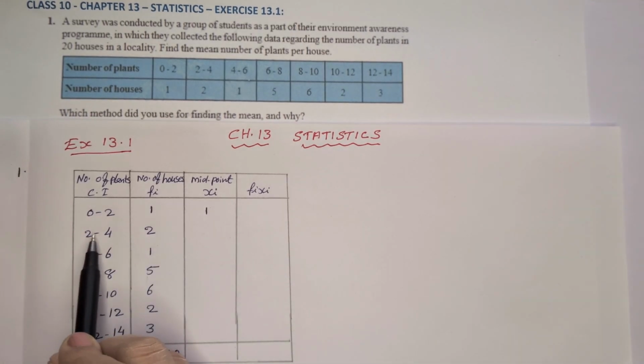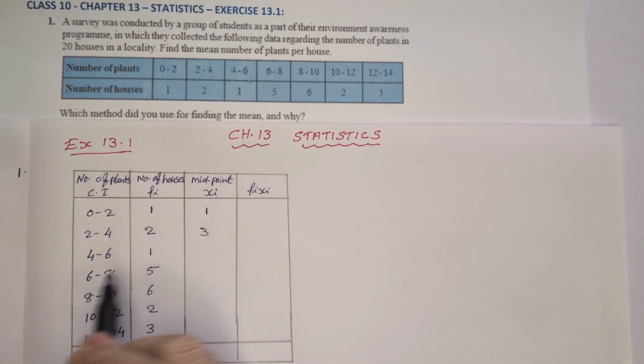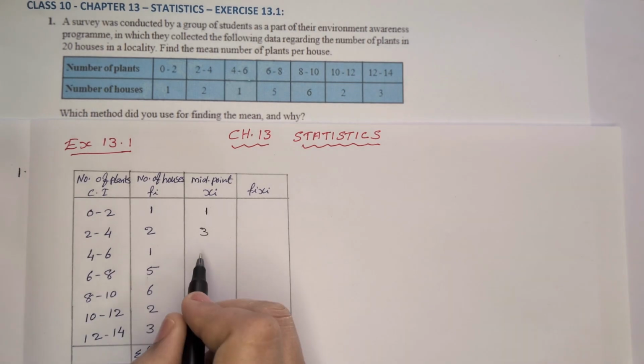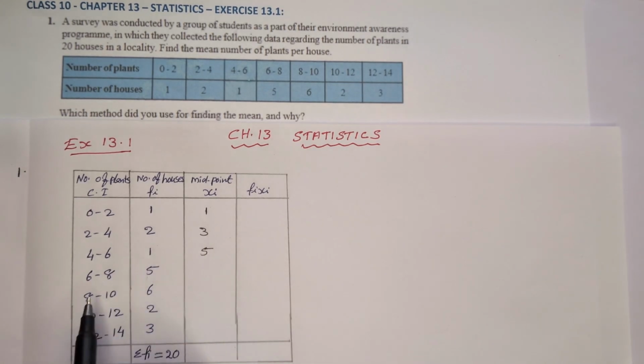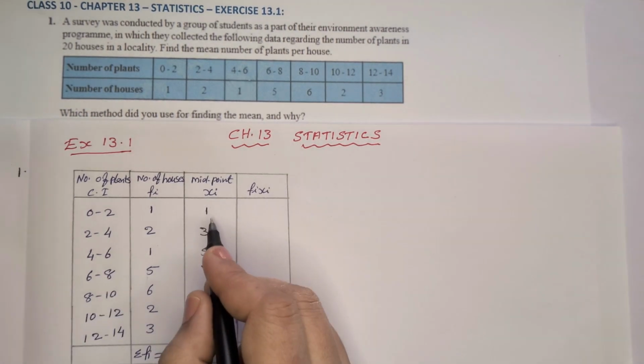Same way, 2 plus 4, 6, 6 by 2, that is 3. 4 plus 6, 10, 10 by 2, that is 5. 6 plus 8, 14, 14 by 2, 7. Then after that we can write the rest in order.